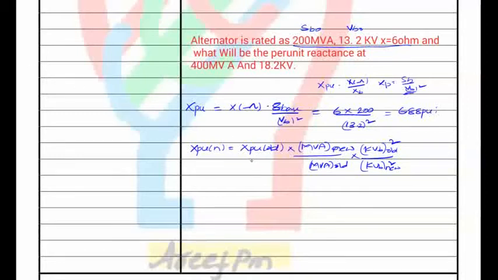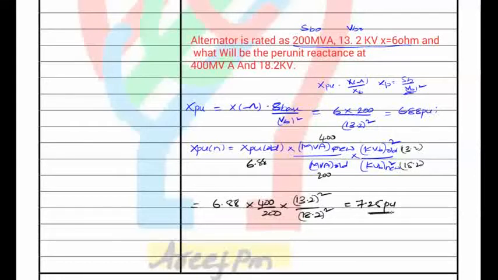X per unit old is 6.88, and MVA new is 400 MVA, and MVA old is 200, and kVb old is 13.2, and kVb new is 18.2. If you substitute these values, it is 6.88 into 400 by 200 into 13.2 whole square divided by 18.2 whole square. We'll solve this and get 7.25 per unit.